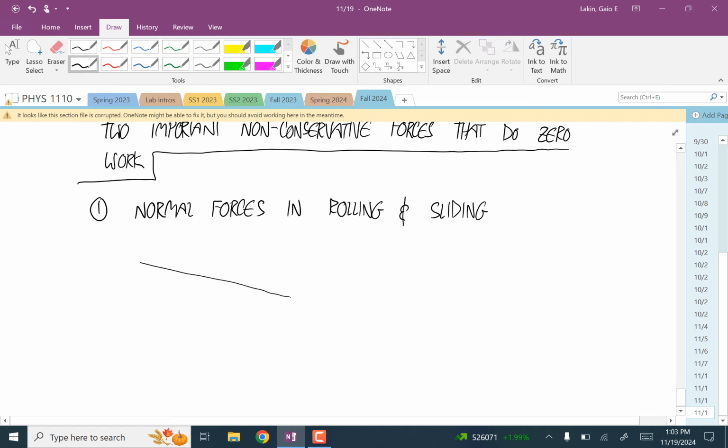And so if you think of an object moving along a ramp like this, its velocity is always going to be parallel to the ramp. The normal force is always going to be perpendicular to the ramp. And so since those are always perpendicular to each other, even though that force is there, it doesn't do any work.